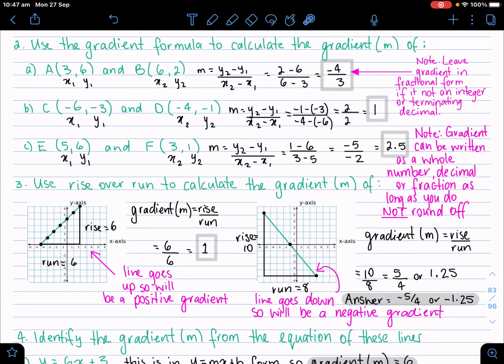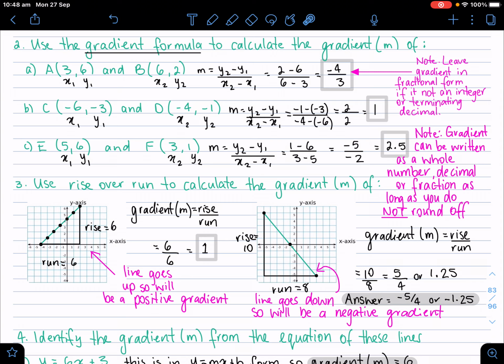Let's go on to example 2. Example 2 says, use the gradient formula to calculate the gradient. So here it's telling us which method to use. Often in an exam or in questions from the textbook, they won't tell you which method to use. You can use both.